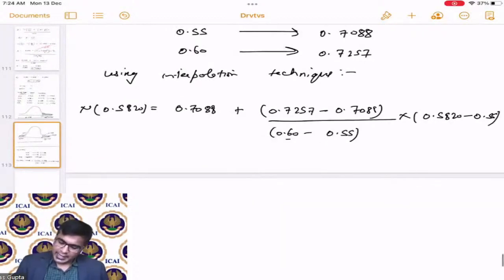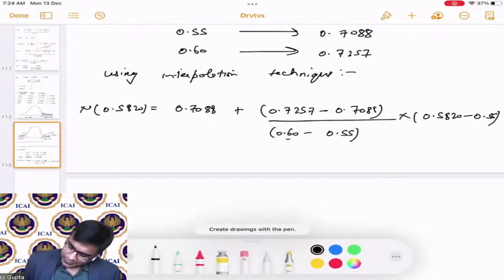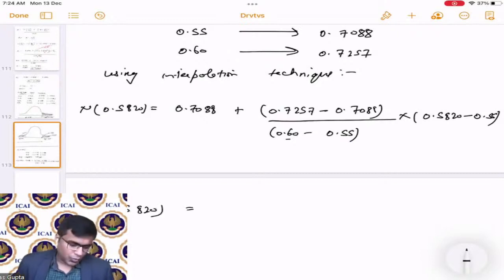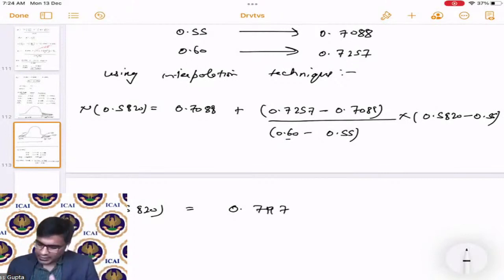So that means N(d1) is, if we solve all this, 0.7197 is what we will get as an answer.